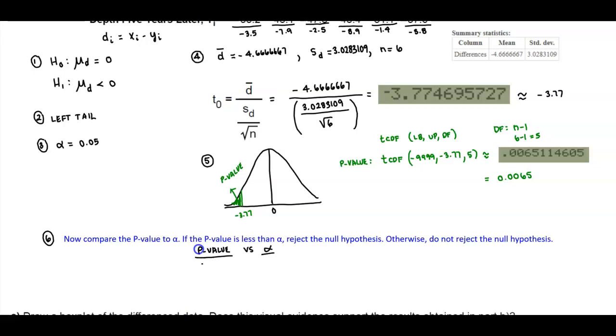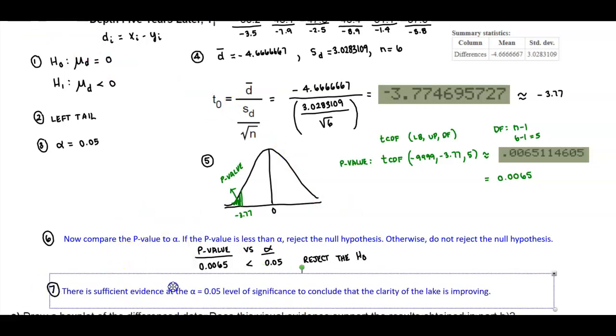We know the p-value is 0.0065, and we know that alpha, the significance level, is 0.05. Okay, so if we compare that, we can see that this is less than. So if the p-value is less than alpha, then we're going to reject the null hypothesis. So therefore, here we are going to reject the null hypothesis.